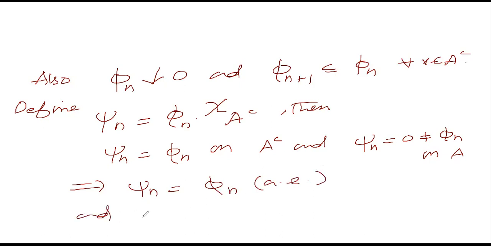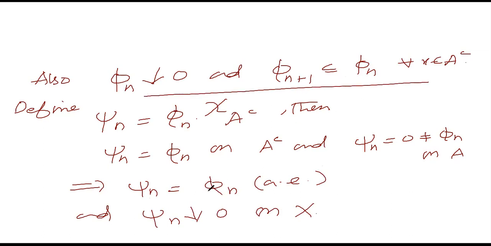And also psi n decreases to 0 on whole x, because on A complement phi n decreases to 0. Here you can see on A complement phi n decreases to 0. And on A n complement phi n is equal to psi n, therefore on A complement psi n will decrease to 0.